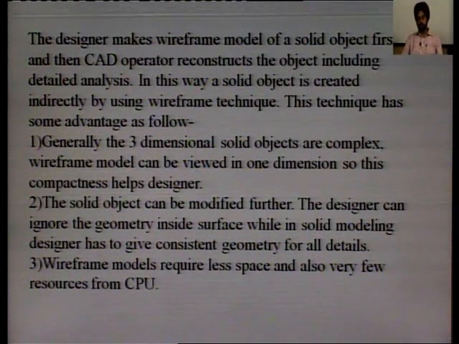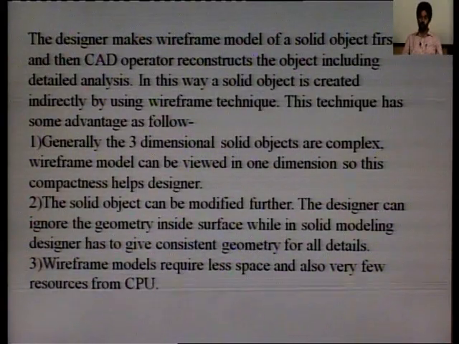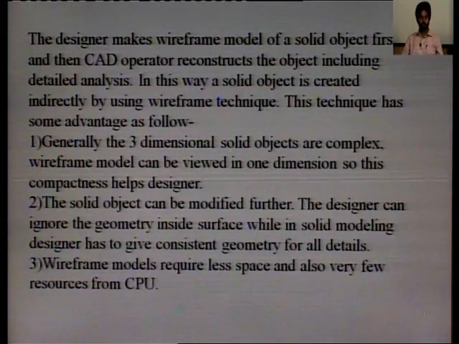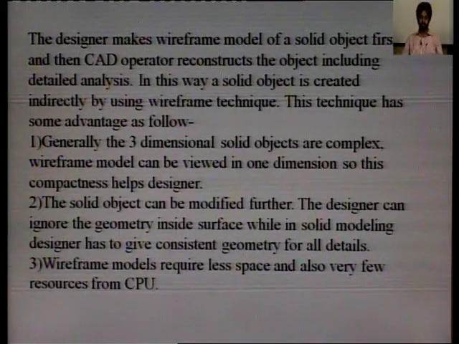So, when a designer changes the wireframe model, the object is totally changed. So, you must have a wireframe of any object, then you can easily develop or change things of that object.